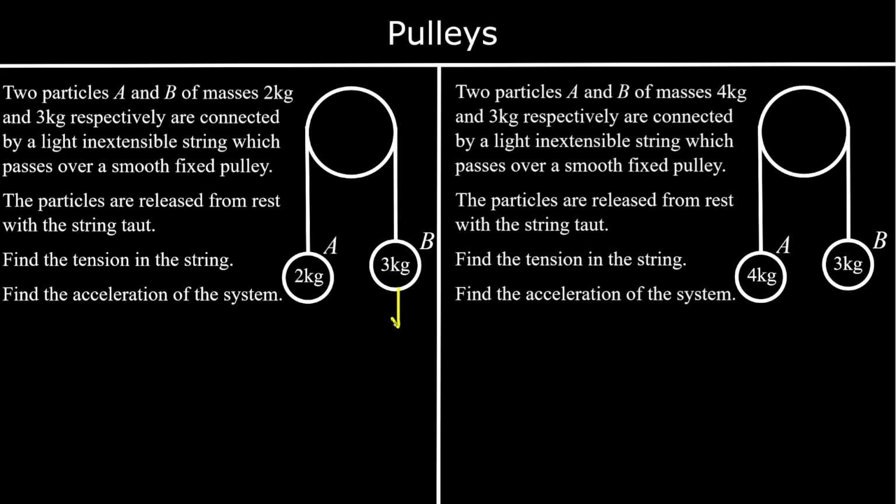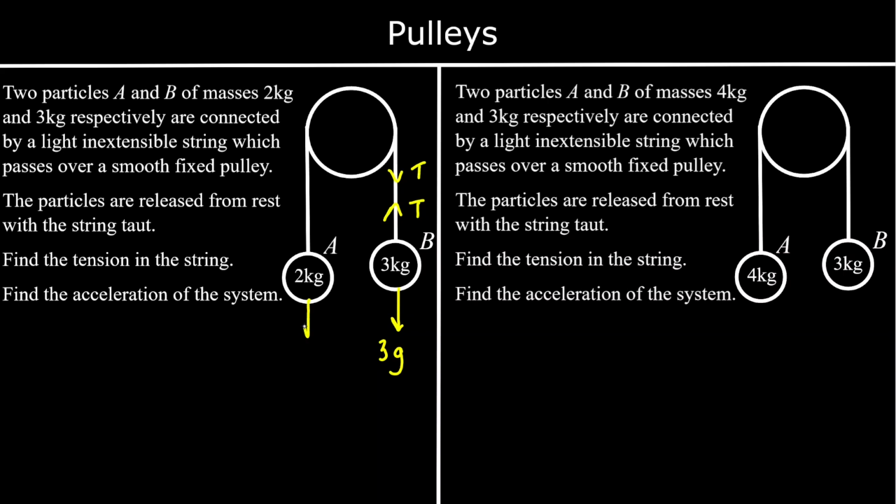B is going to accelerate downwards because it's heavier than A. So the force is 3G, that's the weight of B, and it's going to be resisted by a tension. And I'm going to draw another tension as well, just to show that there's an equal and opposite force. The string is going to weigh down on the pulley, and the pulley is going to give an equal and opposite force back.